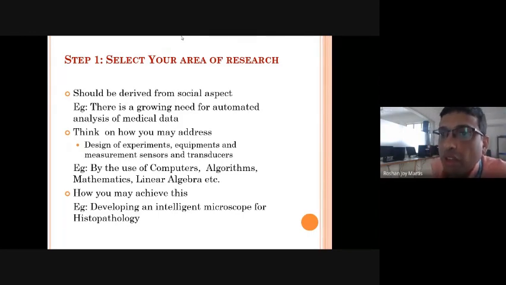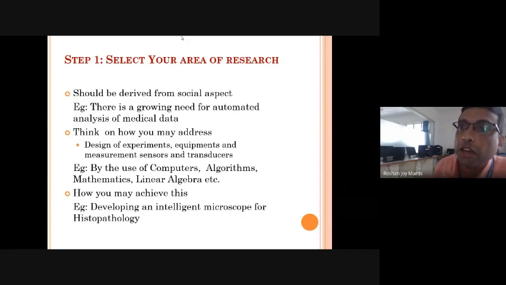For example, how can we solve the medical problem where many people are suffering? Automated analysis is required. Here, by the usage of computer algorithms, we can use mathematics, linear algebra, statistics, etc. We have automated analysis of medical data as a problem, and we have to design some experiments.